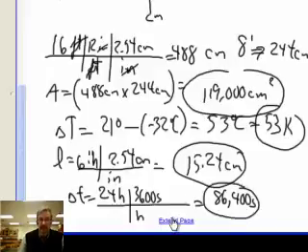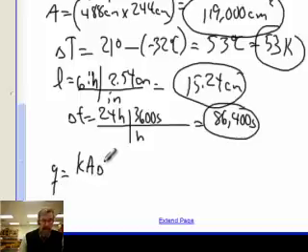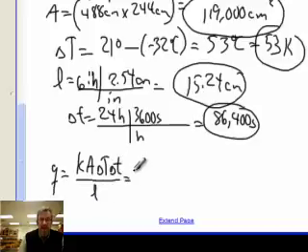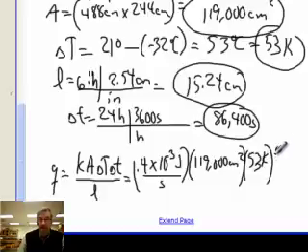All right, so taking all these numbers and plugging them back into that original equation for Q, remember Q was equal to K, A, delta big T times delta time divided by length. Well, the K was 0.4 milliwatts. So 0.4 times 10 to the negative third joules per second times area. Well, our area was 119,000 square centimeters times delta T. Well, that was 53 kelvins times delta time.